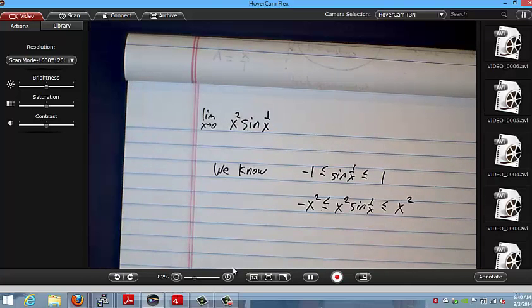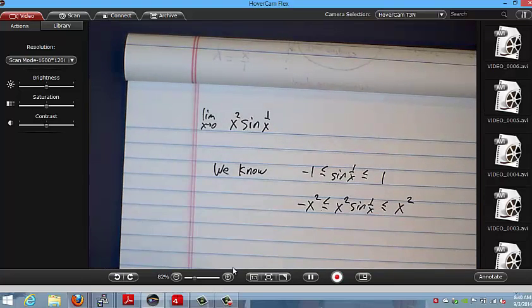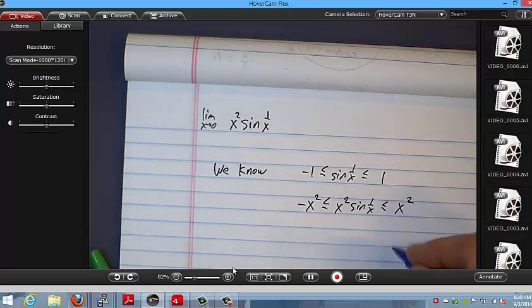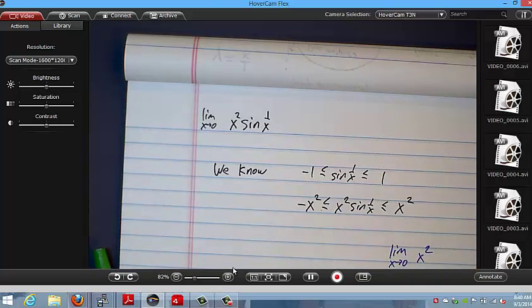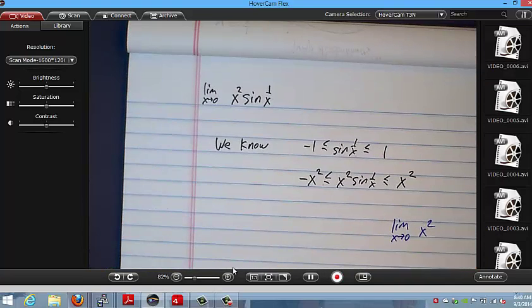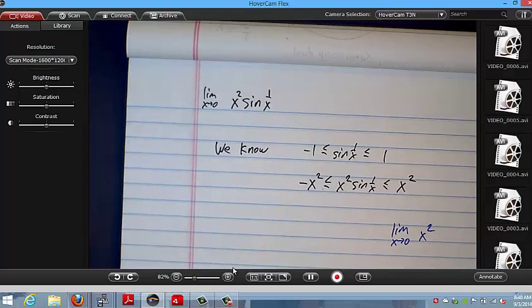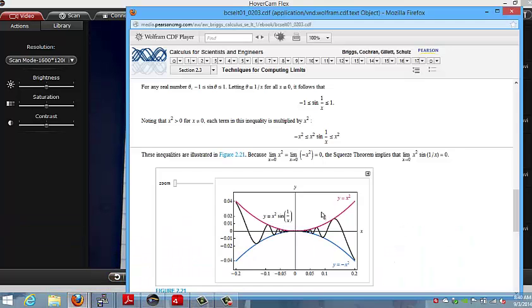And now you look at two functions. We're going to look at what happens to x squared as x goes to 0. Well, that's easy, right? It's a parabola. And they show you on the picture. Look, it's in red, right?